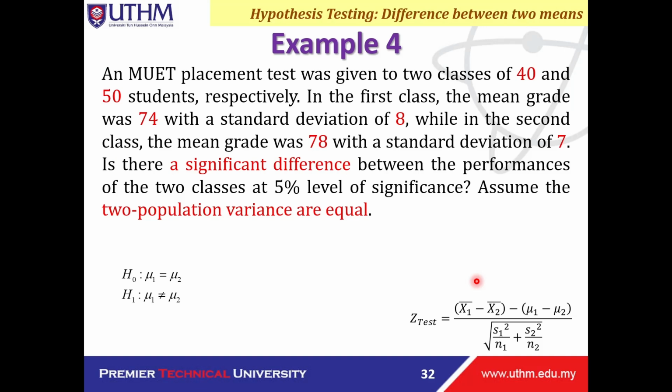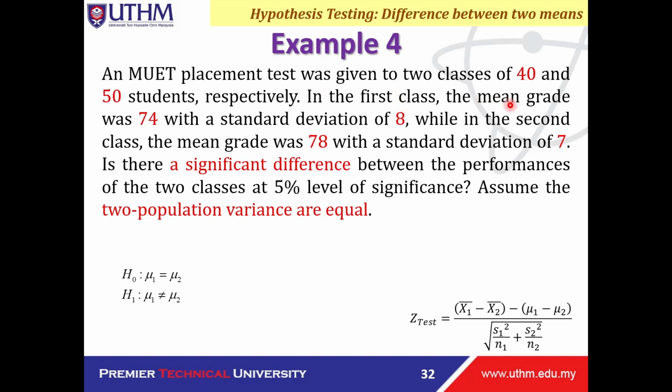Now let's look at example number 4, because we continue from the previous hypothesis testing for a single mean, examples 1 to 3. A placement test was given to two classes of 40 and 50 students respectively. In the first class, the mean grade was 74 with a standard deviation of 8. So both sample sizes are greater than 30, hence we'll use a Z test.